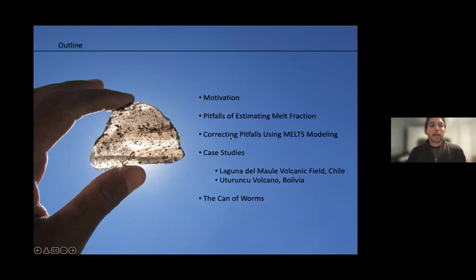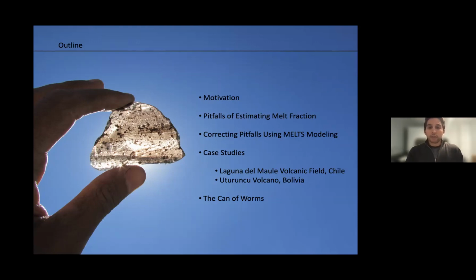All right, so yeah, just a brief outline. I'll give some motivation for why we're doing this. And part of that motivation is showing an example of some of the pitfalls that can occur when you're trying to estimate melt fraction from MT. And then I'll try and make the argument that we can correct some of those pitfalls by incorporating these thermodynamic constraints from MELTS.